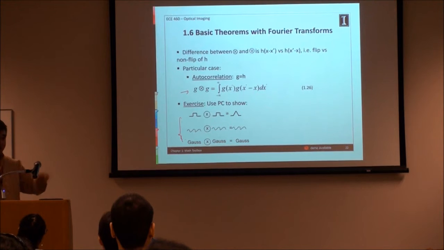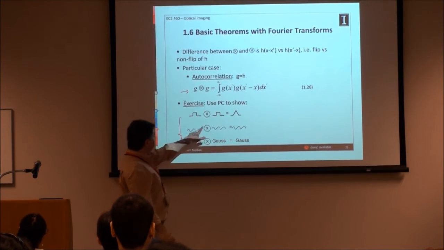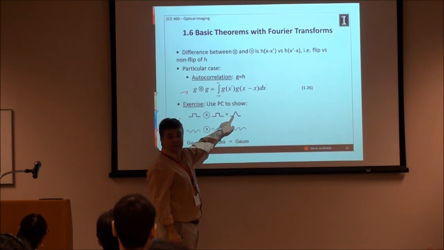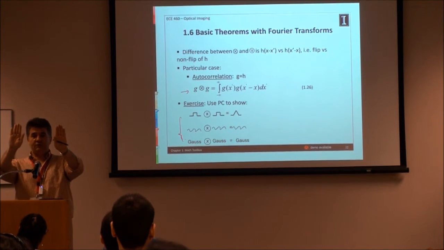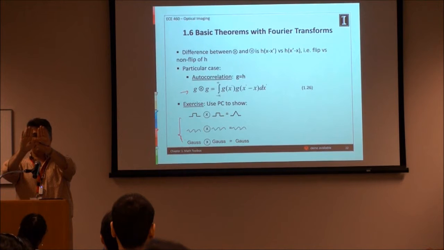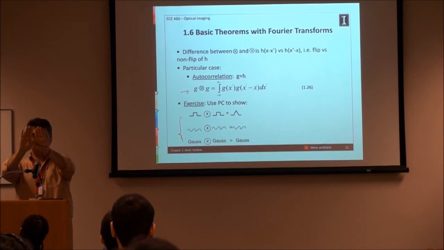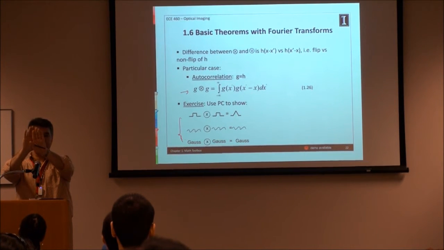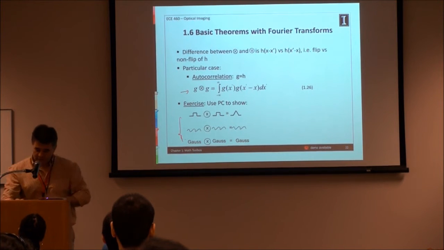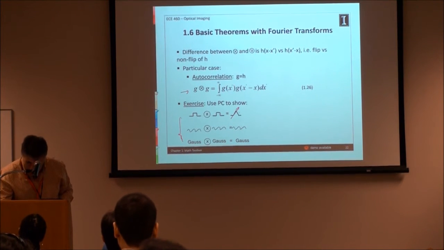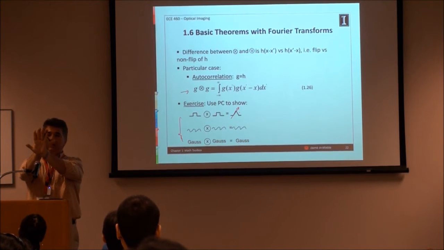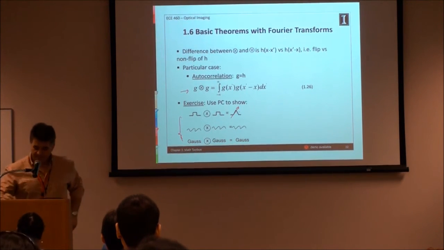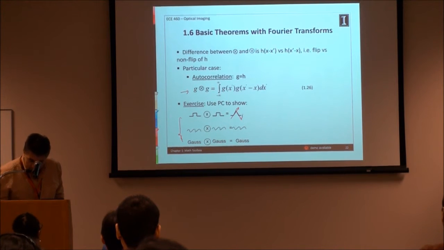If you correlate a rectangular function with itself, you get a triangular looking function. Do you know why? Because I have zero overlap here, and then now the rectangles start to match, and the area goes up linearly with the displacement. So I'm on this positive slope. Once they're perfectly overlapped, I get a maximum, and then it comes down. So that's easy to remember, that's a triangle.